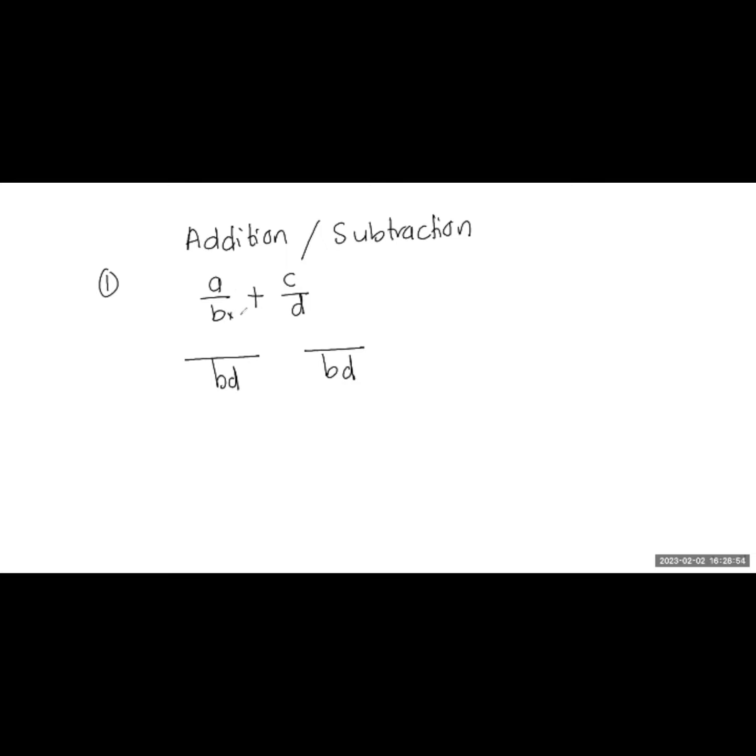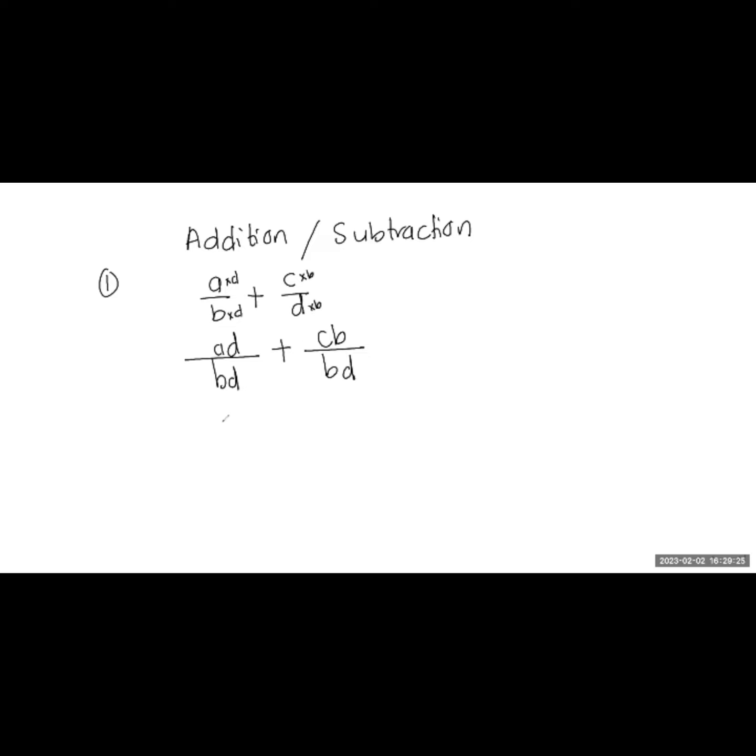Then I times this by D. I've got to do the same to the numerator. Whatever I do to my denominator, I do the same to the numerator. So I multiply the denominator by D, I've got to multiply the numerator by D. I multiply the denominator by B, I've got to multiply the numerator by B. So that's giving me AD, and here I'm going to have CB.